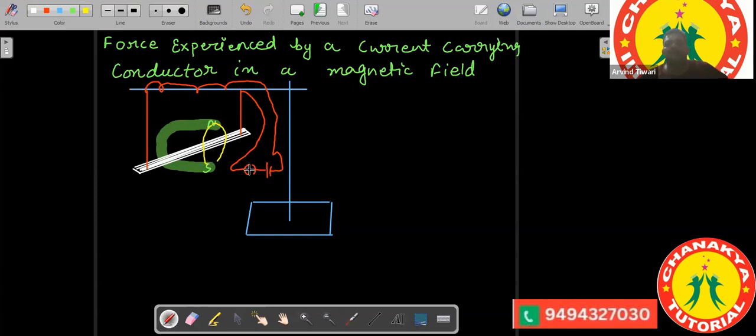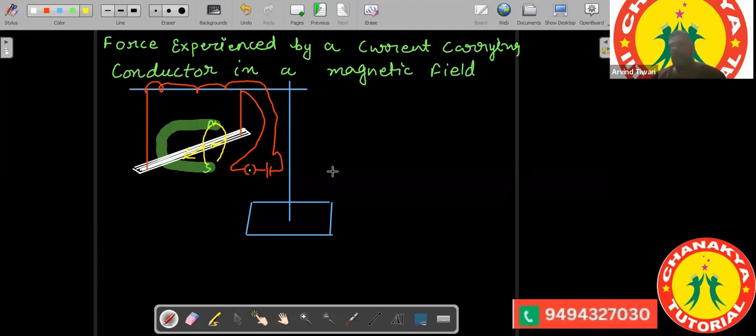Now, if you turn on the switch, what will happen? Current will start flowing through this wire in this direction. This will be the direction of current. So current will start flowing, because of which this scale or conductor will show deflection from its original position. It will get deflected to one side.